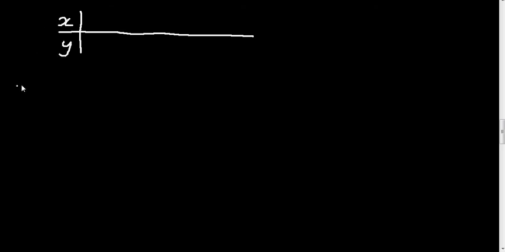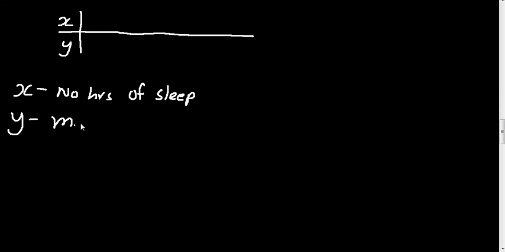I'll make x the number of hours of sleep, and y the marks obtained by a student in an exam. So after an exam, you ask the student how many hours of sleep they got the night before, and the marks they achieved in that exam.